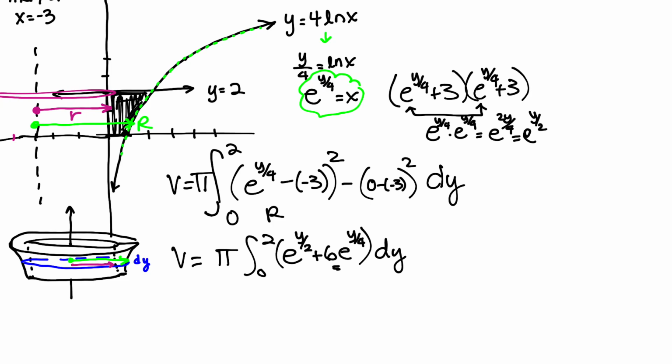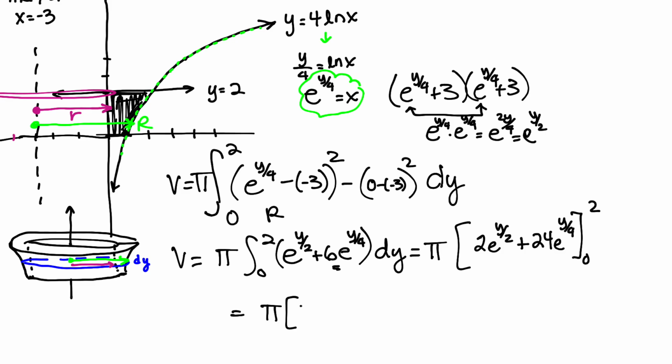If we integrate, Munir, you already got an answer, don't you? What'd you get? 1/2? Nope, 2e to the y over 2. If I integrate, I get 2e to the y over 2 plus 24e to the y over 4 from 0 to 2. What's that giving us?